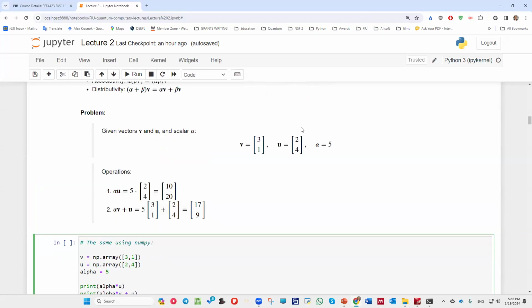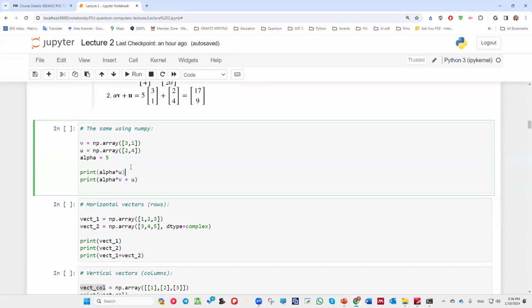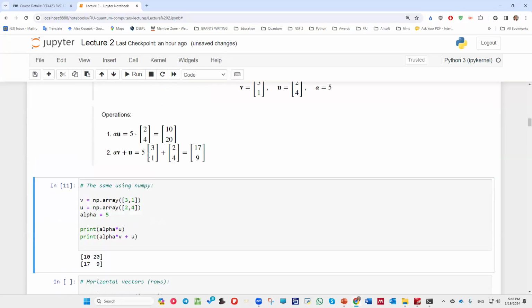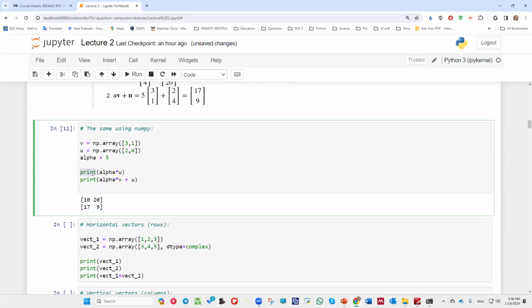So the same vectors as here. If I run this code, it gives me the answer 10, 20, and 17, 9. So in this print, I multiply my parameter alpha by this vector u and ask Python to print the result.